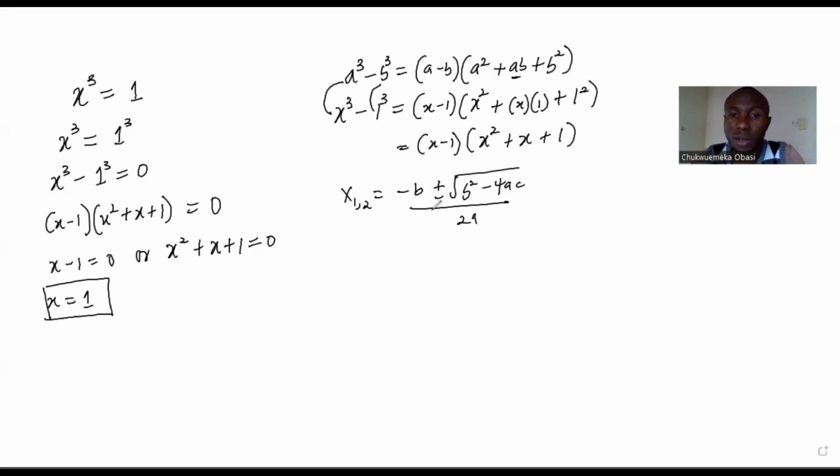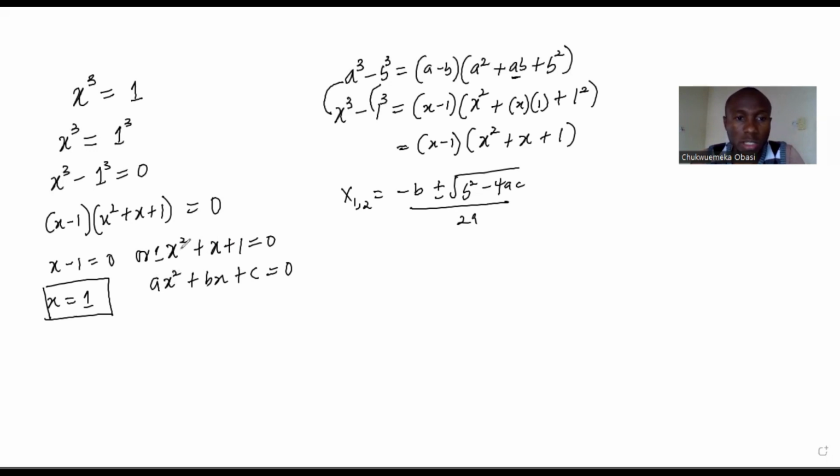So how do we get the values of a, b, and c? We get them from this equation given to us here. So we equate it with the standard form of a quadratic equation, which is ax squared plus bx plus c equal to 0, right? Now you see that a here is the coefficient of x squared, so therefore there's actually a 1 here.